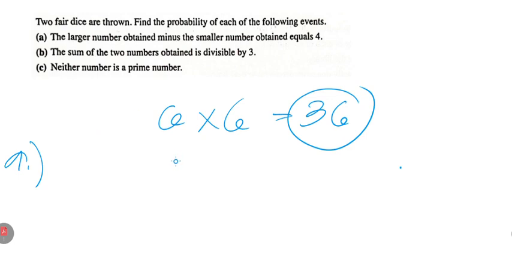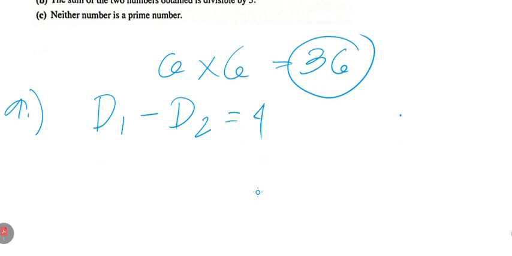So to write it down, we have as the formula, die 1 minus die 2 equals 4.